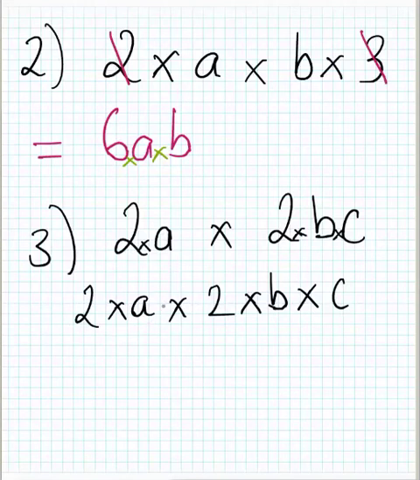And we're doing the exact same thing as what we had above here. 2 times 2 is 4. Always take care of your numbers first. And then A, B, and C, none of them are the same. So we just have A, B, and C. And that's it. And remember, there's an invisible times there.